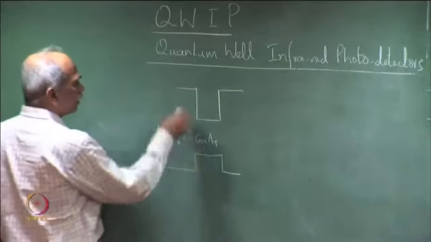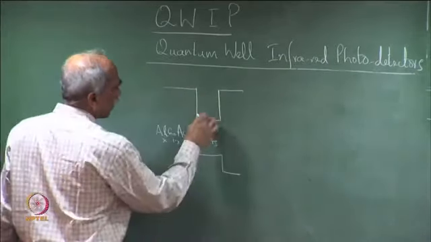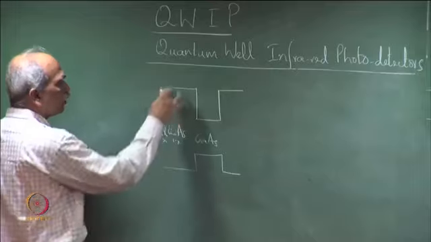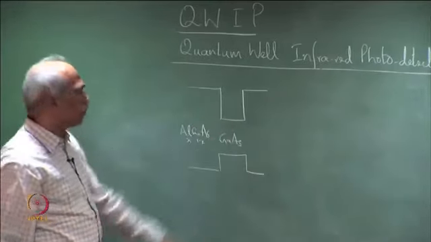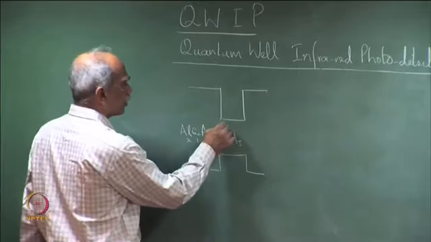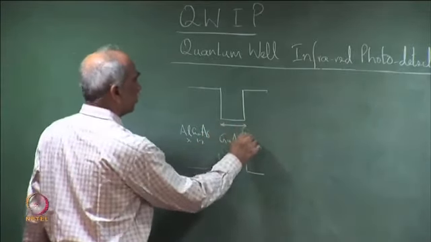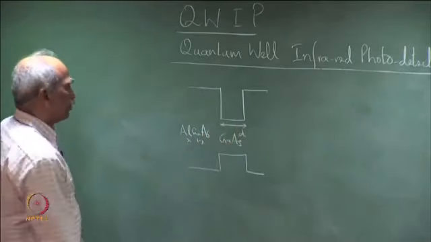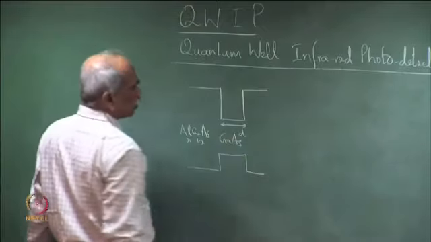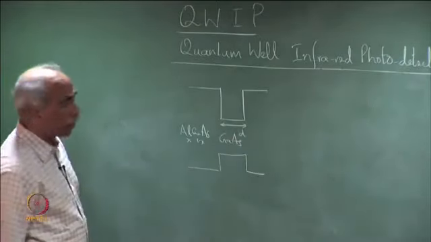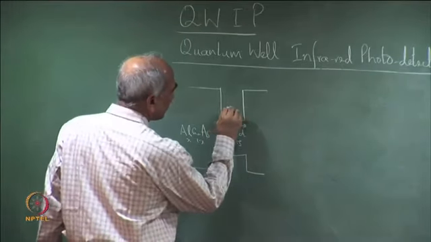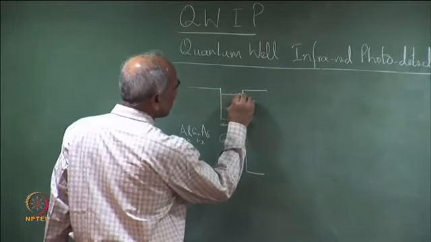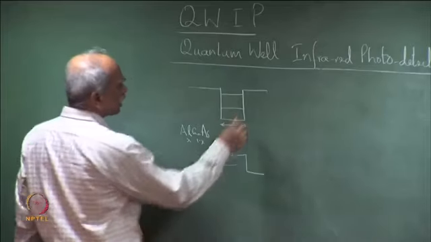So, if we have a small band gap material sandwiched between two large band gap materials, we can obtain a quantum well depending on the dimension of this layer, d. When d is smaller than or comparable to the de Broglie wavelength, then the energy levels are quantized and we have allowed energy levels here, which correspond to energy subbands.